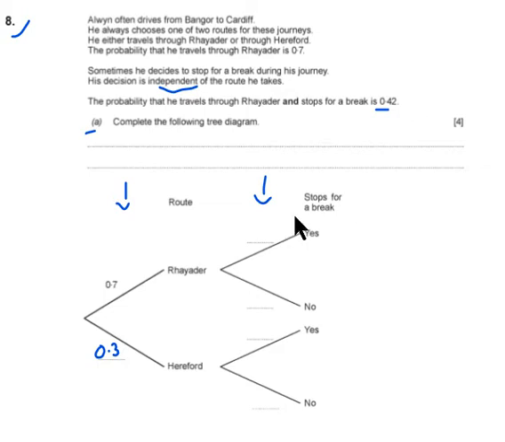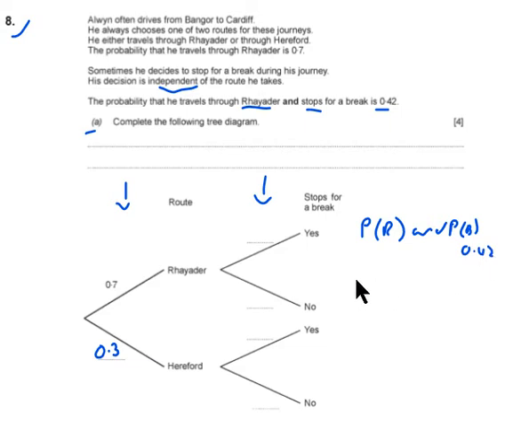What the question does tell us is that the probability that Alwyn travels through Ryder and stops for a break is 0.42. So the probability of Ryder and the probability of a break is 0.42.